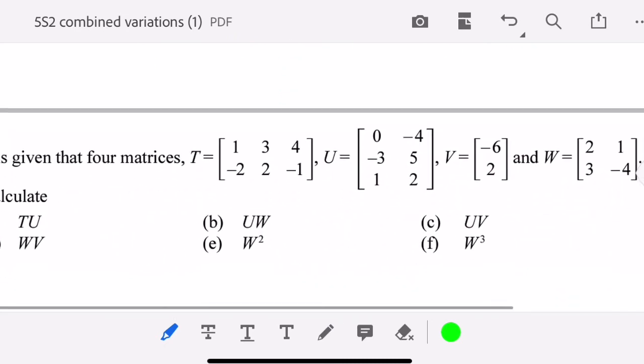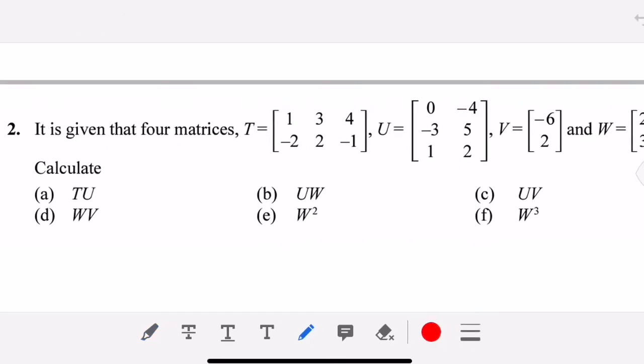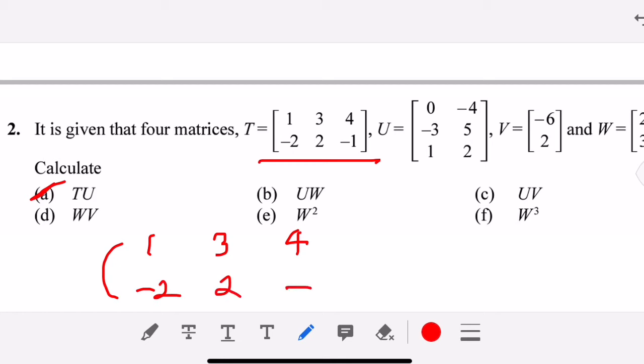Now you're given two matrices, right? So you're asked to find the multiplication of the two matrices. So let's do 2A. We have T, right? So we are going to copy down T, which is 1, 3, 4, negative 2, 2, negative 1.